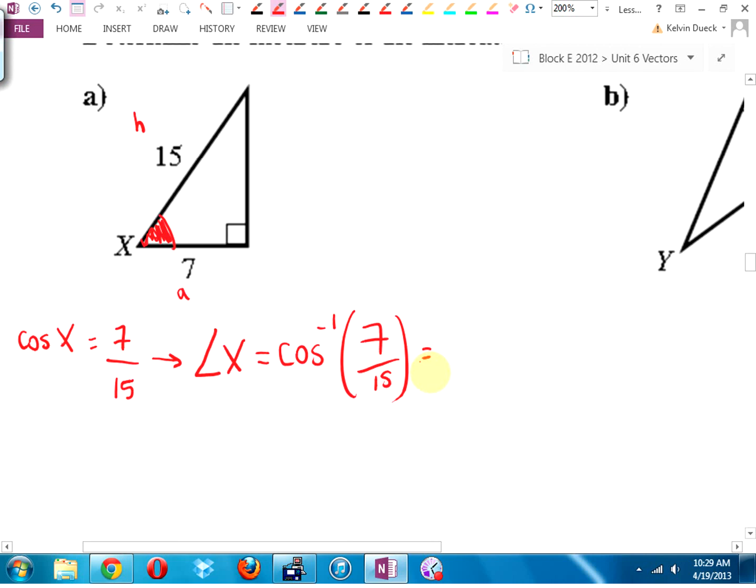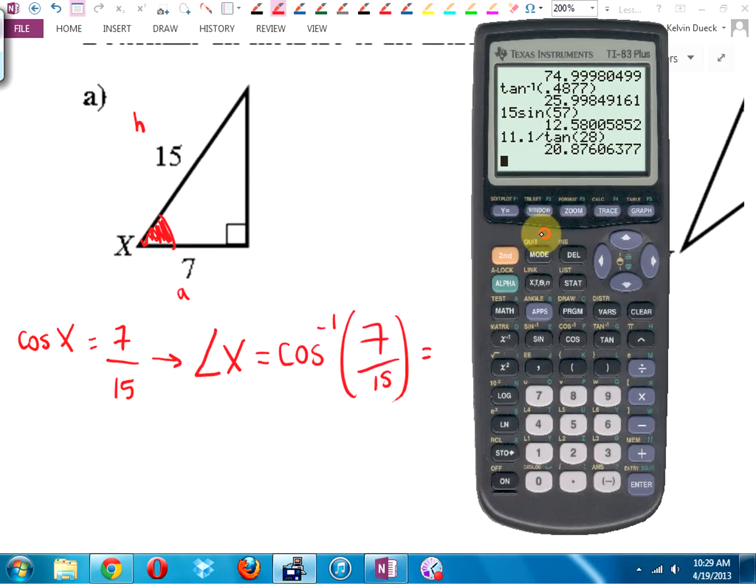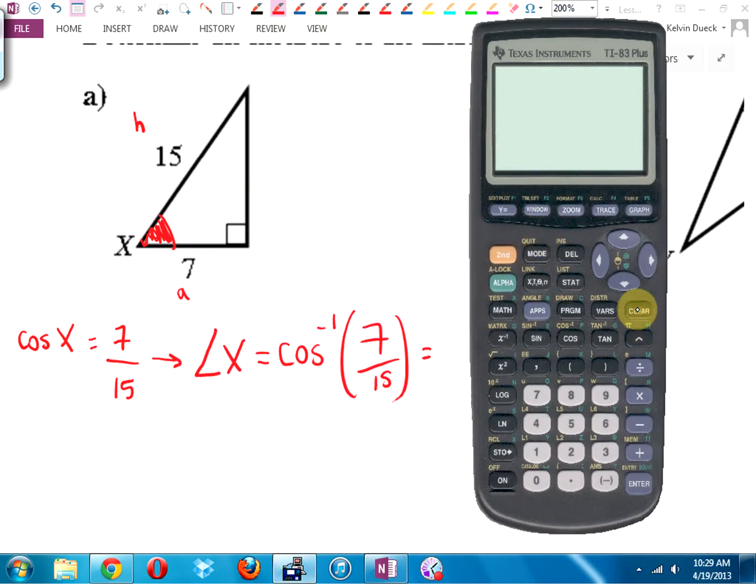To type that, we go like this. How do we find an angle? Inverse. So second function, inverse cos, bracket, 7 divided by 15, close bracket, because that's how you write 7 over 15.